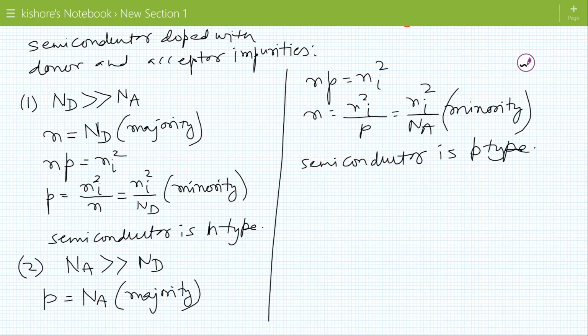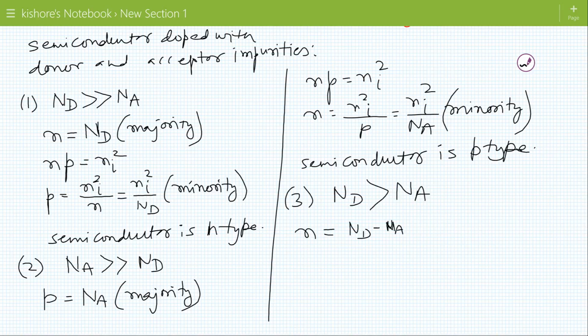Now the third case, if semiconductor is doped with both acceptor and donor impurities, and donor impurity concentration is large as compared to acceptor impurity concentration, but it is not very large. Nd is not very large, but large as compared to Na. In that case, concentration of free electrons is Nd minus Na.